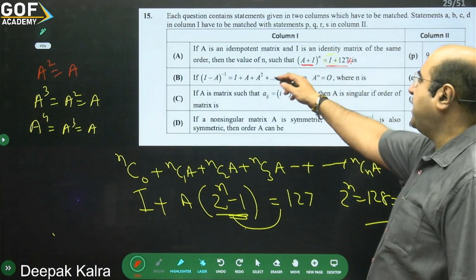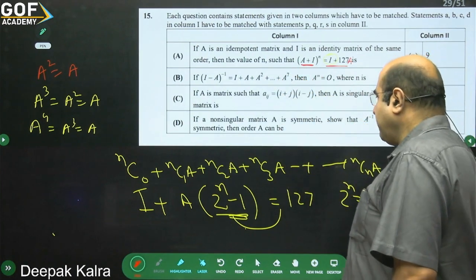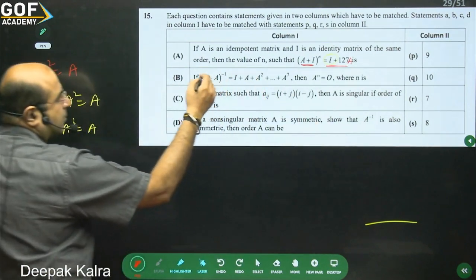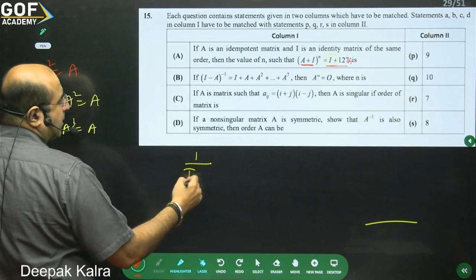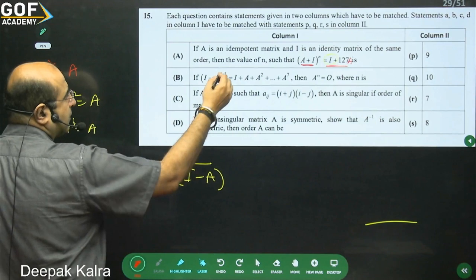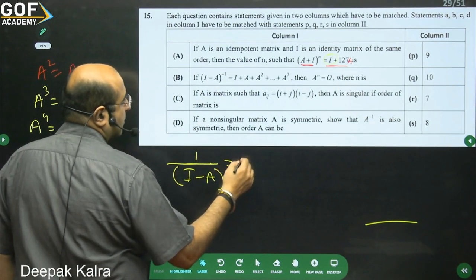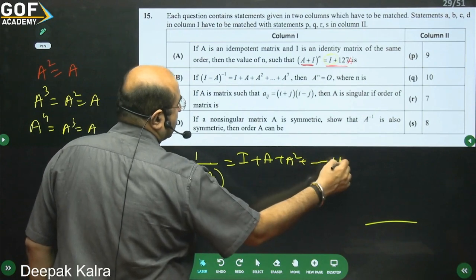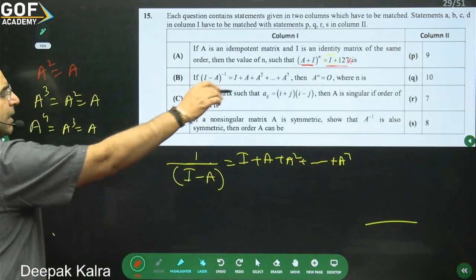Going to the next one. I'm clearing it off. Next one, 1 over I minus A. Inverse means this. I plus A square up to A7. Take I minus A on that side.